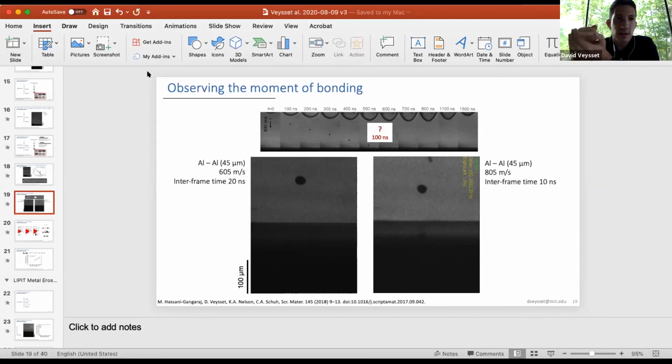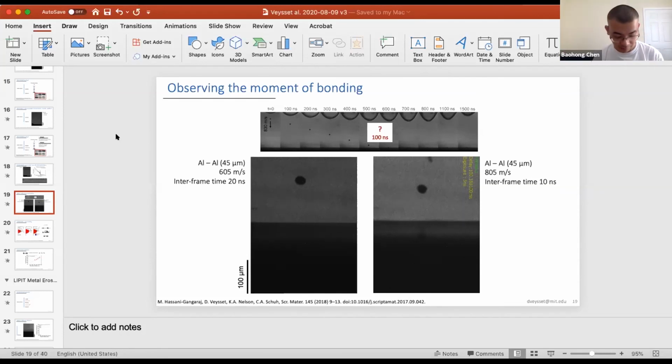And actually this melt is detrimental because it prevents bonding between the particle and the substrate. Instead of bonding, the particle just rebounds and slides away. So melting is something that people in the industry, when they want to do additive manufacturing using this method, try to avoid. But that has been a big question in the field.